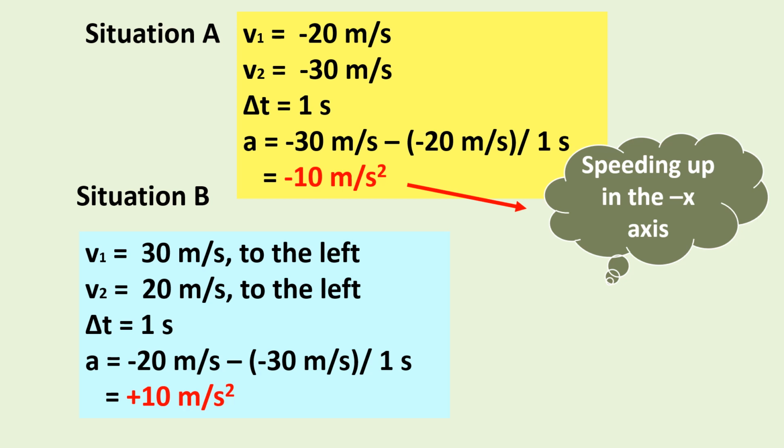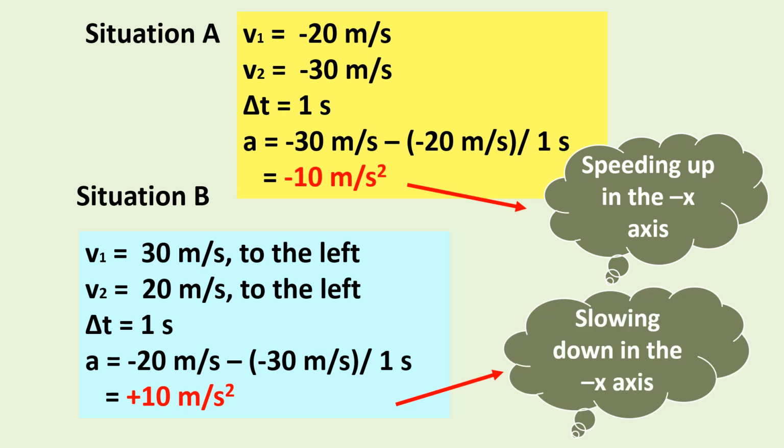Whereas, situation B describes a body that is slowing down, another term for decelerating, but actually it is moving in the negative x-axis. So our conclusion was that only letter A is correct, but not option letter B or option letter C, neither option letter D.